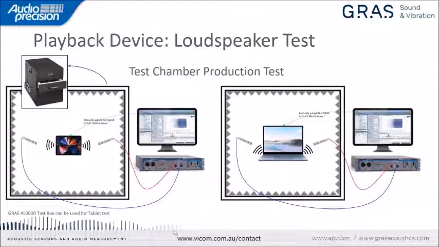Of course, we can repeat all these tests in an acoustic test chamber like the AL30. As we discussed before, production line testing will require the use of a faster and streamlined process rather than a realistic and time-consuming laboratory setup. And therefore, the GRAS AL30 could be a perfect solution for something like this, like a tablet test.